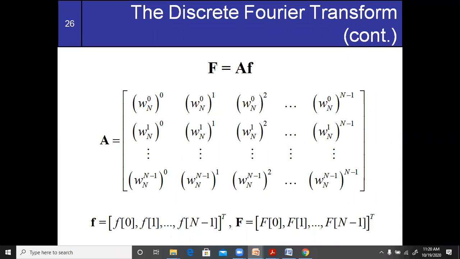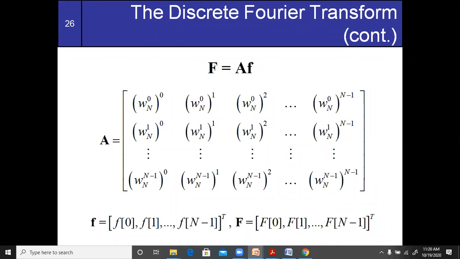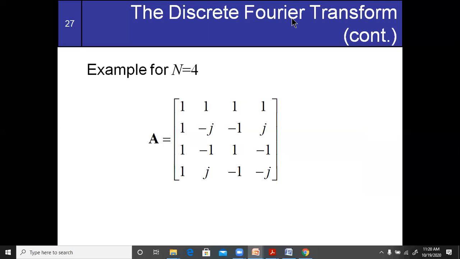So e to the power of minus j pi by 2 will be cos of pi by 2 minus j sine pi by 2. Cos of pi by 2 is 0, and sine pi by 2 is 1, and therefore that term will become minus j. So that's how you can get this value as minus j, right?